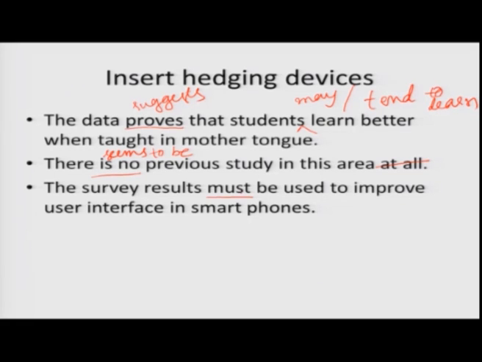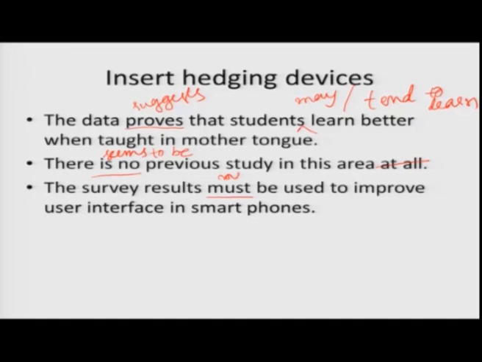So, this is very high level of certainty. It is a kind of you are making it compulsory, but that does not work. So, we know there may be issues with this, and even if you say hypothetically it was foolproof, you cannot make it mandatory for others. So, there is a problem here. So, change the modal verb.